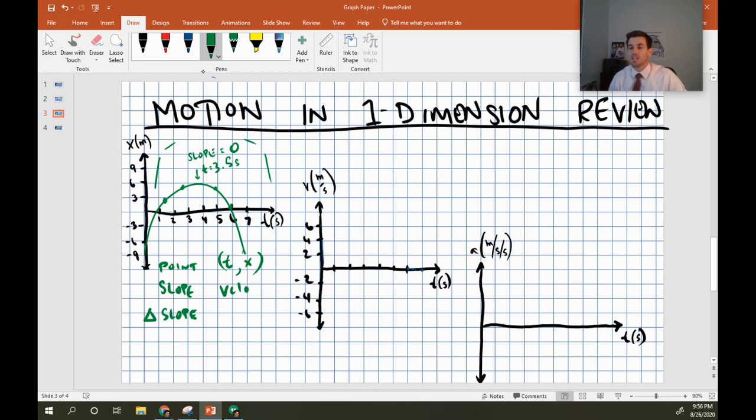Then we could use a changing slope going the other direction to figure out that we had positive acceleration. So the way that the slope changes can give us information about what the acceleration is. It only really gives us the sign, not the exact value, but that can still be very useful.